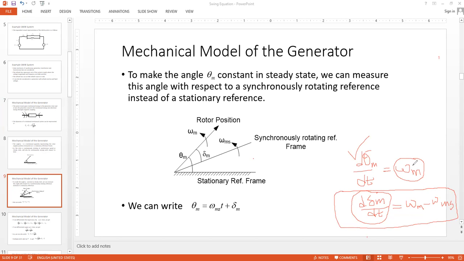So you can also say this is relative speed, but now you can say simply this is omega m minus 0, because this also has a speed, as I said. We said this omega is 0, right? It has a speed, but it's a 0 speed. So we can also say it is also some sort of relative speed, but measured with respect to some 0 reference speed. Do you get the idea? But in this case, we are still measuring omega m, but now that is measured with respect to a reference which is moving at this speed.